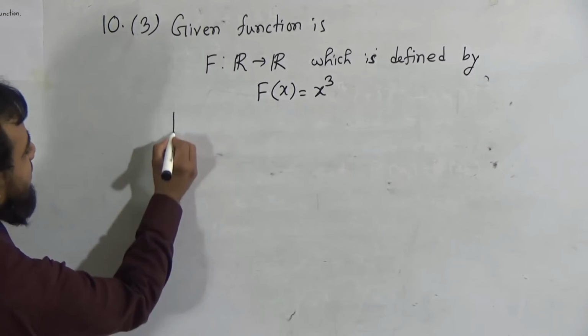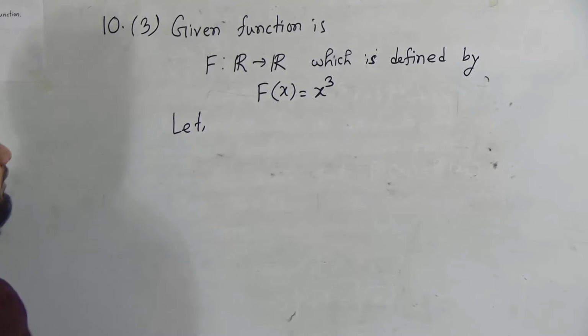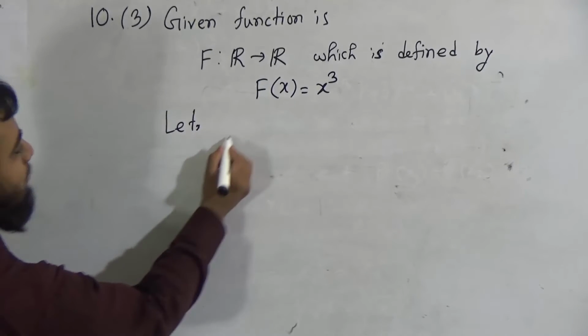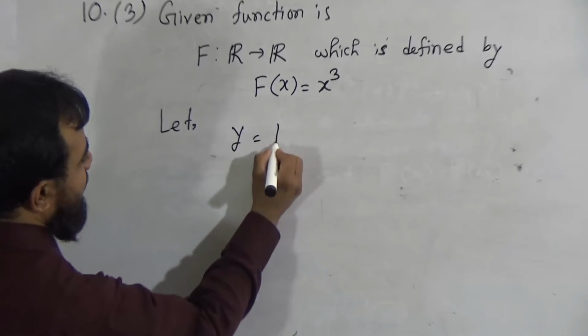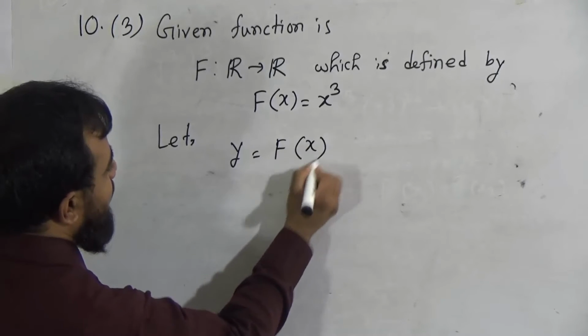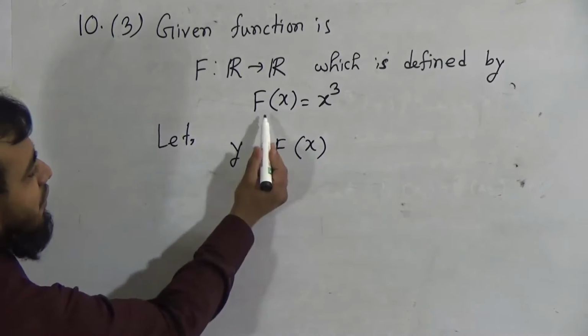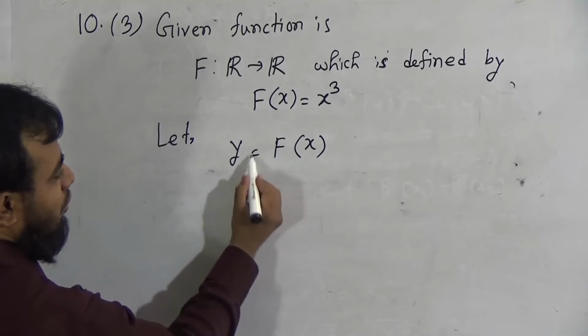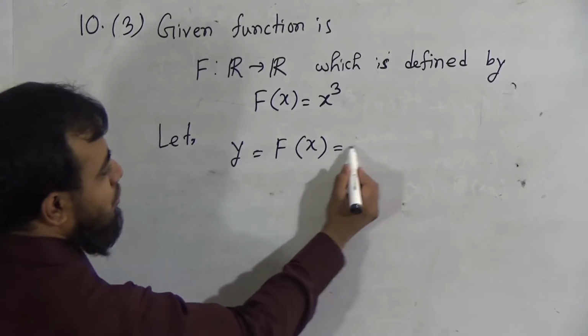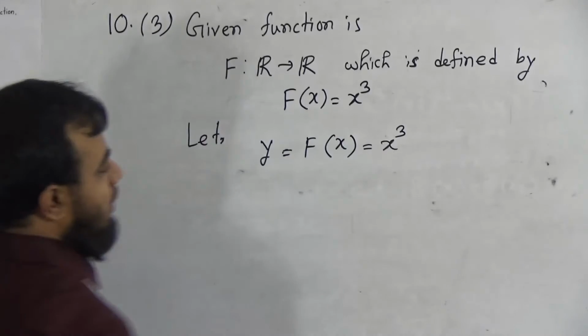To find the inverse function, first of all we let y equal to f of x. Since f of x equal to x cube is given, you can write y equal to f of x equal to x cube, okay?